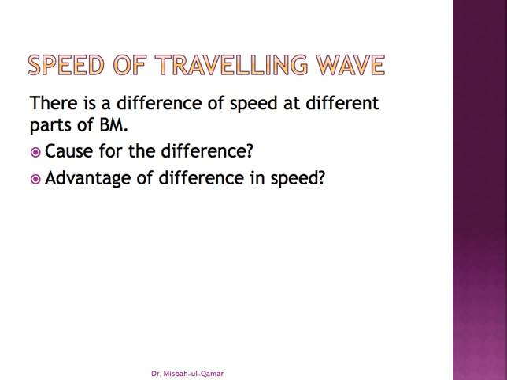Why is that so? It is because of the high coefficient of elasticity of basilar fibers near the oval window. And progressively, this coefficient of elasticity decreases further along the membrane.